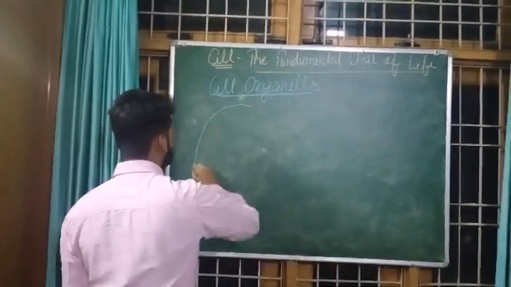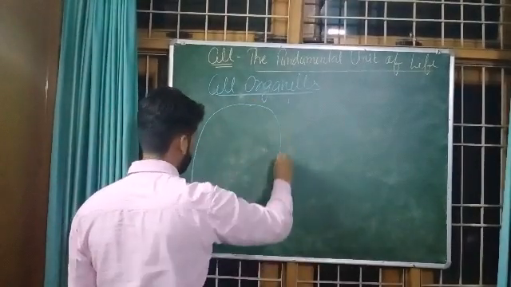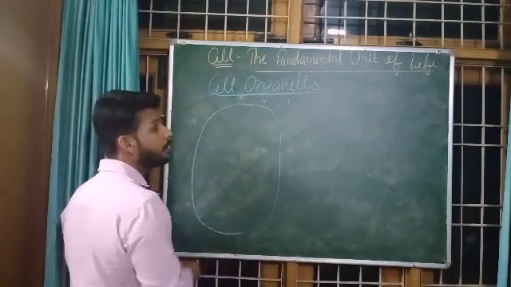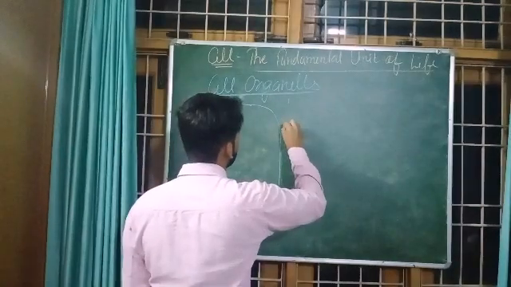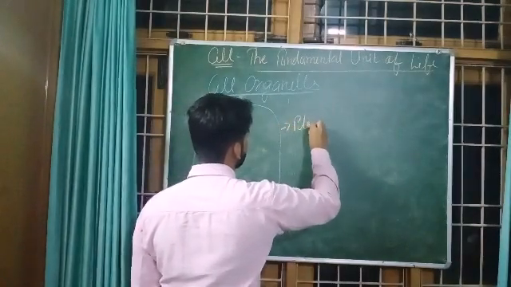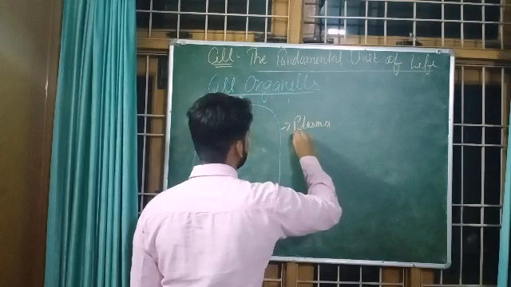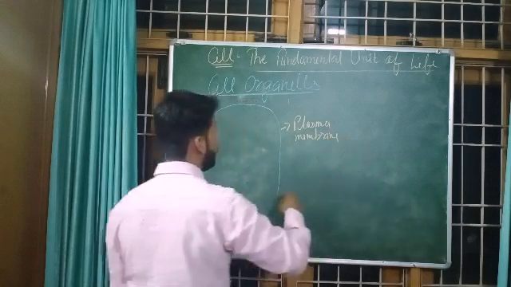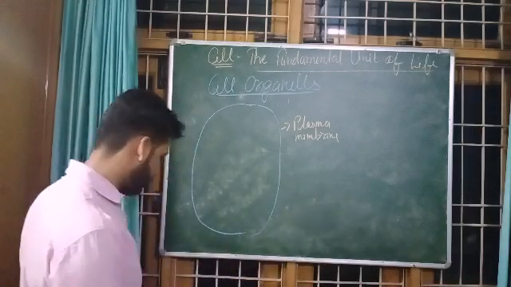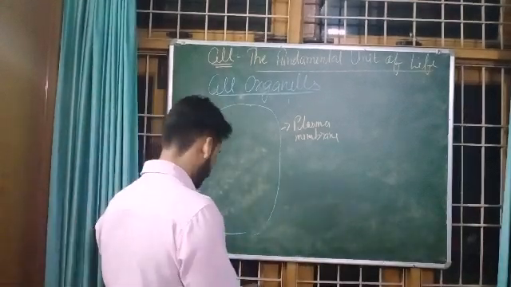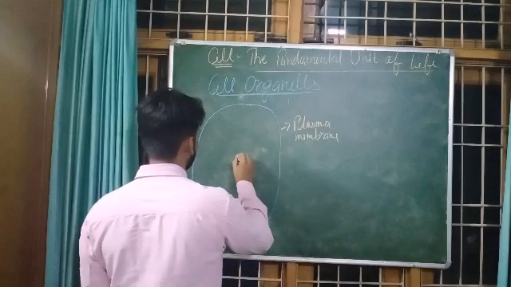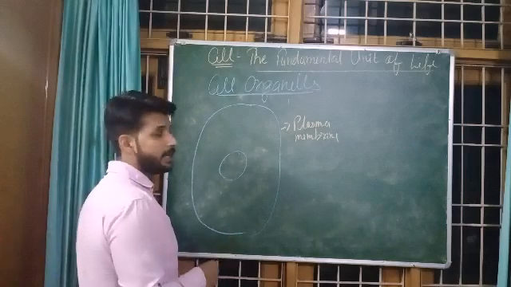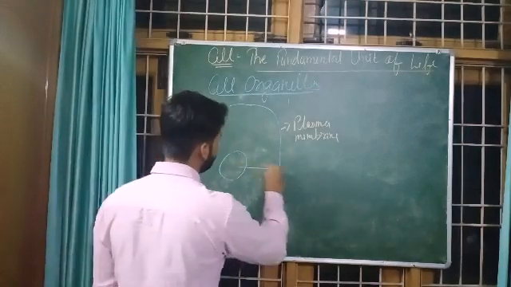If we are talking about a plant cell, generally it has a plasma membrane, or you can say cell membrane. A nucleus is present in the center.